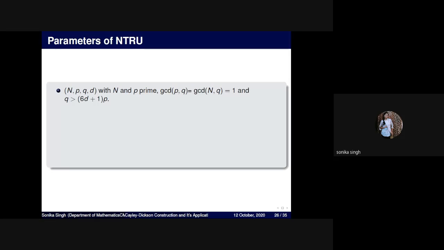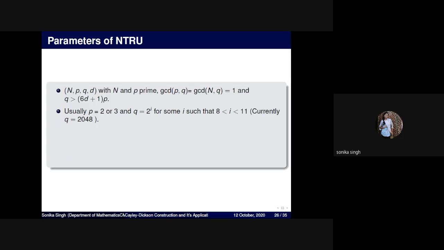We can see here the parameters of NTRU. These are capital N, p, q, d, where N and p should be taken prime, p and q, and N and q should be relatively prime. And we have one more restriction on the parameters: q should be greater than (6d + 1)p. If this condition does not hold, then we can get decryption failure.